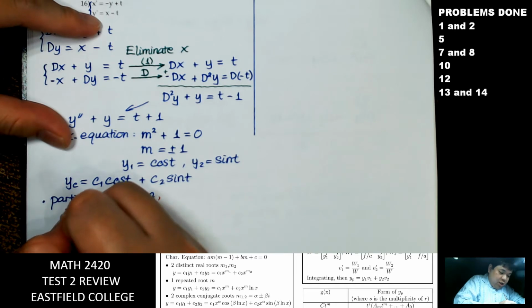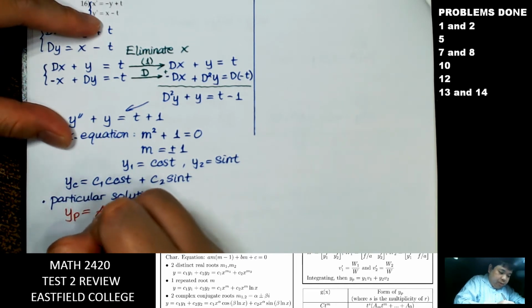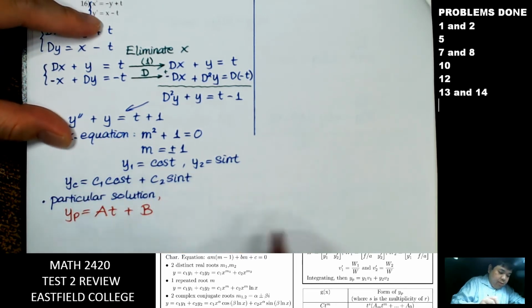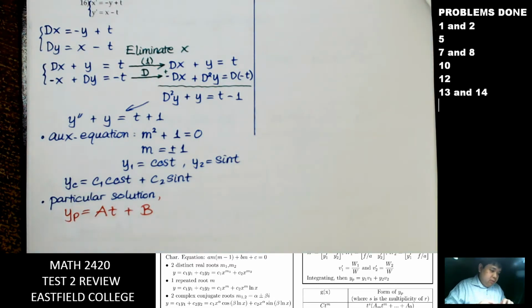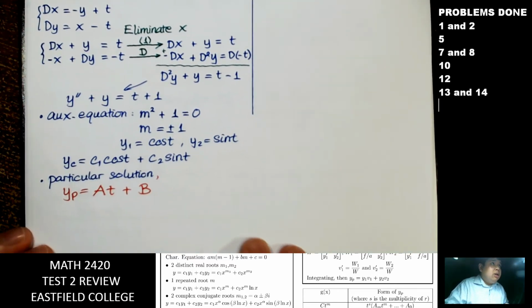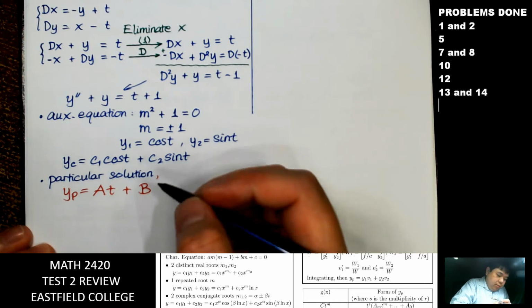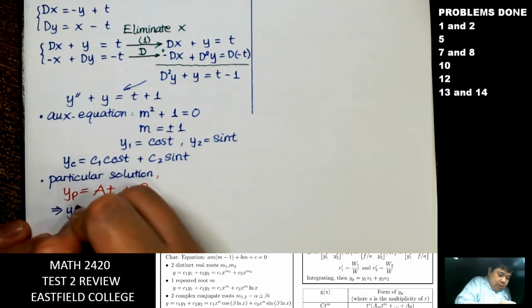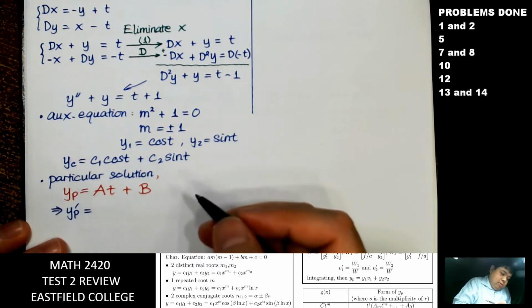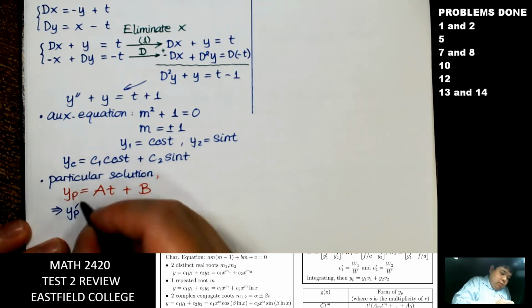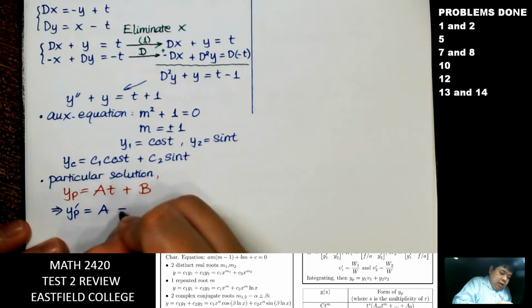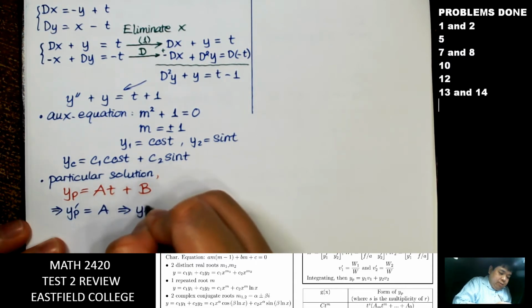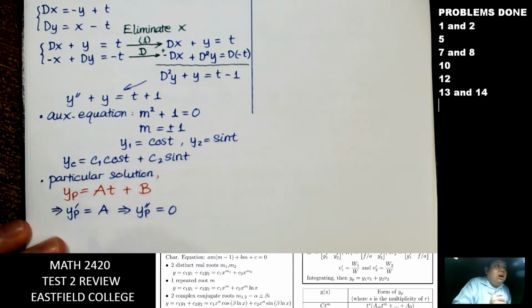So we just guess the solution in this form. Right. So we take the derivative, a, second derivative 0.